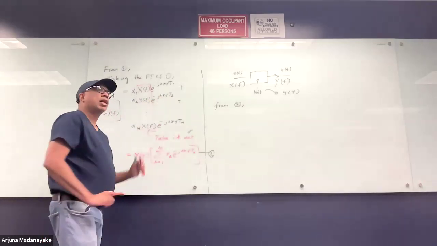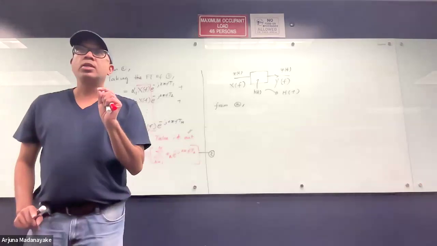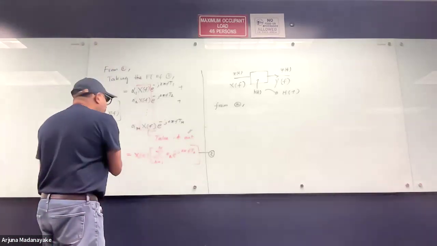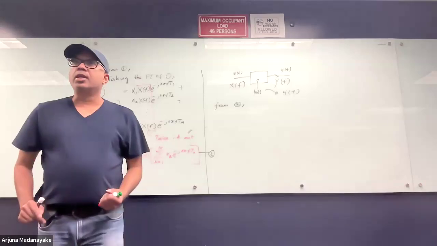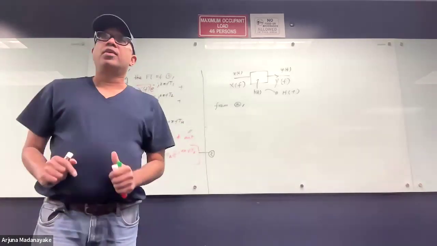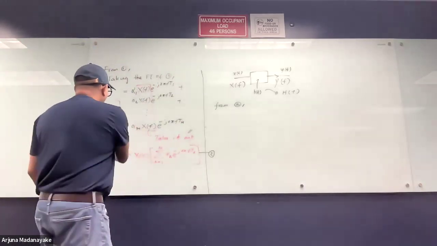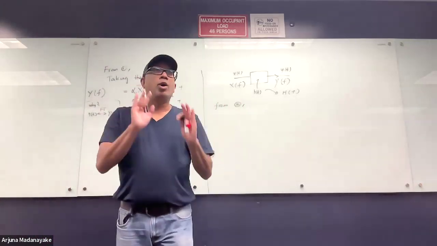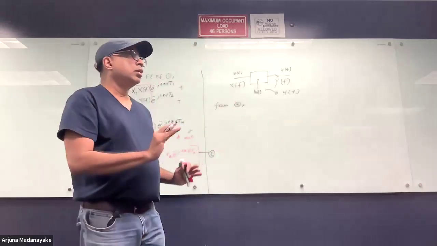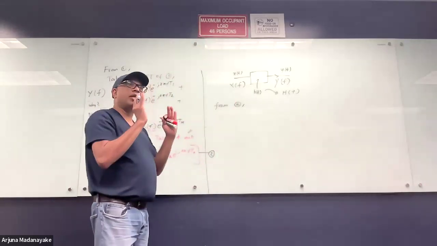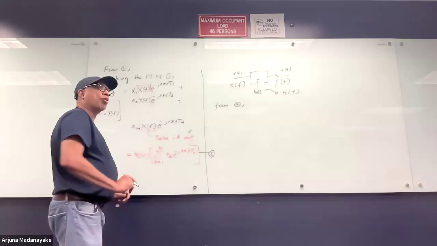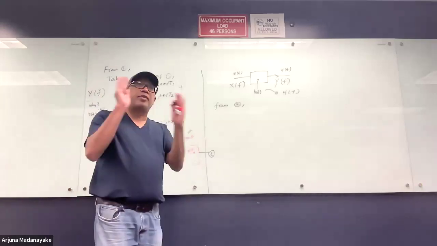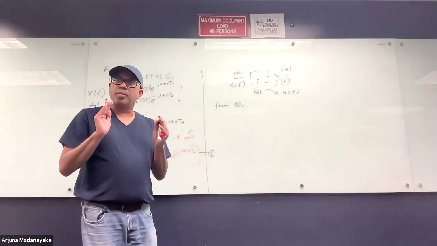Capital X of f completely describes the input, whereas capital Y of f completely describes the output, all in the frequency domain. So we can visualize this as a relationship between the spectrum of the input, the spectrum of the system's behavior, and the spectrum of the output. Okay? It's a spectrum-based description.